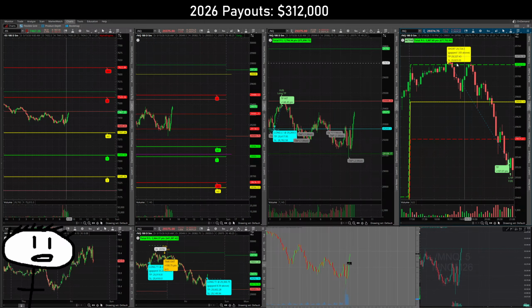This one is a bit better for the RR wise. Like this RR is really good. Like almost 200 points for 100 points.